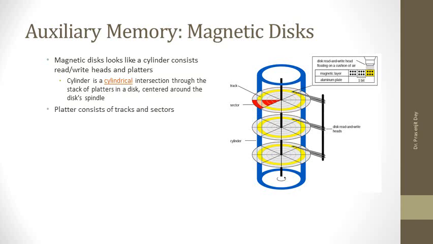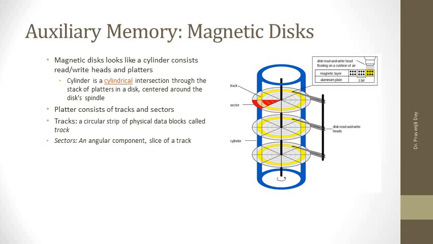Now this platter consists of tracks and sectors. What are tracks? Tracks are the concentric circles on the platter, and these concentric circles are nothing but circular strips of physical data blocks where the physical data is actually stored. And sectors are the angular components or slices of the tracks.